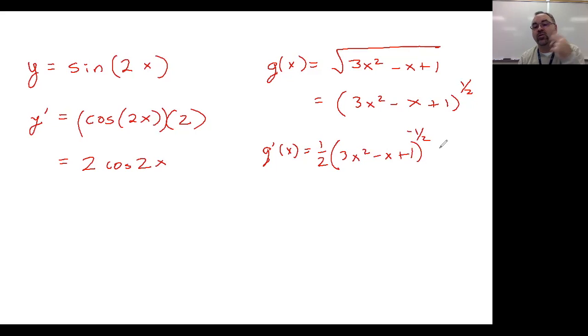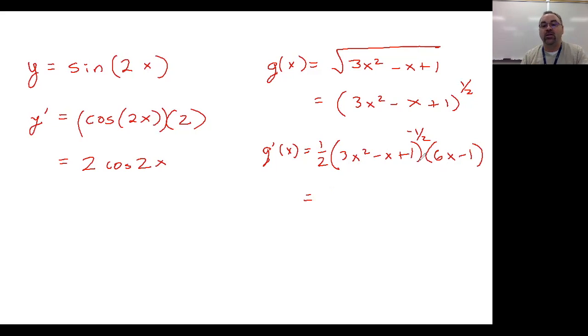But then the chain rule says, hey, you're not done. What's the derivative of the inside polynomial? Oh, okay, so 3x squared, the derivative there, bring down the power, multiply by the 3, and you're going to get 6x. The derivative of negative x is negative 1. And what happens to the constant? Well, its derivative is 0, so it just derives away.